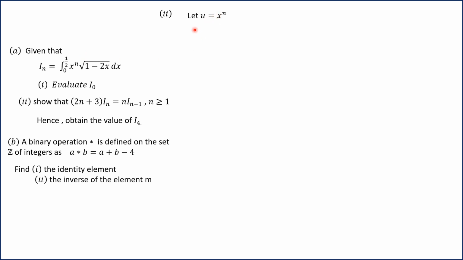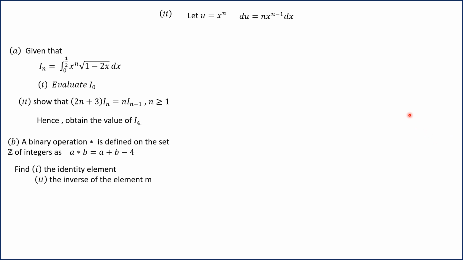So I'm going to let u be my function to be differentiated, that's x to the power n. Then when I differentiate that, du will become n x to the power n minus 1 dx. That's just multiply the function by the power and reduce the power by 1. So that's what we get for the derivative.